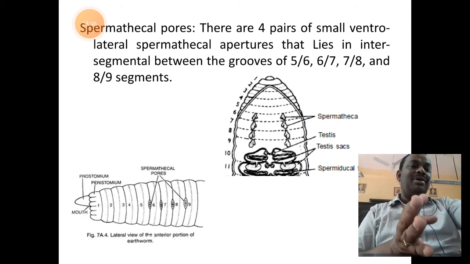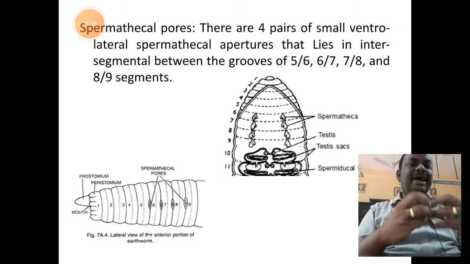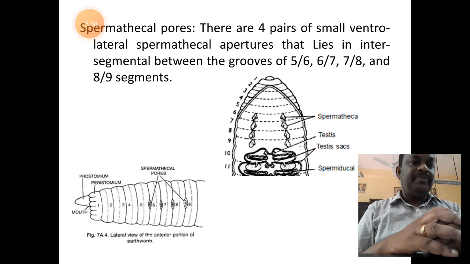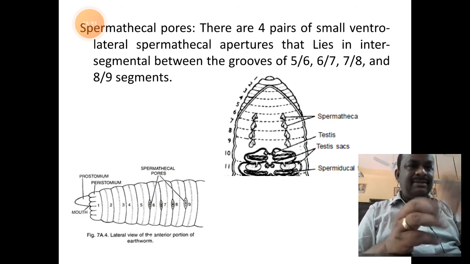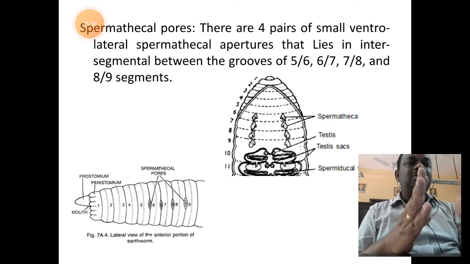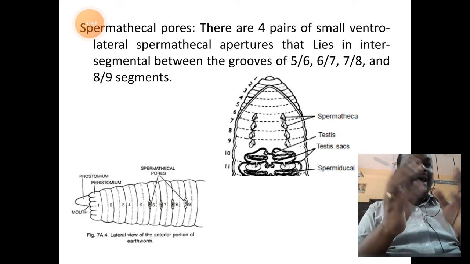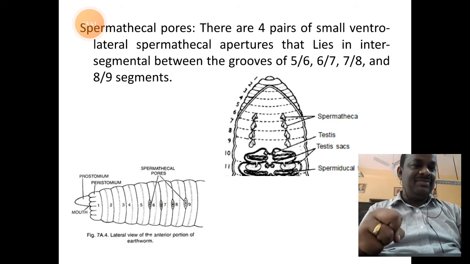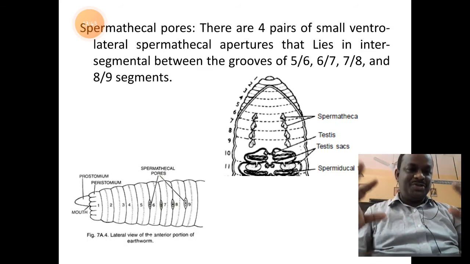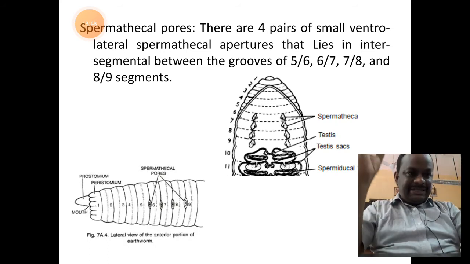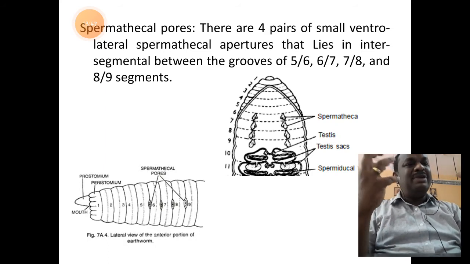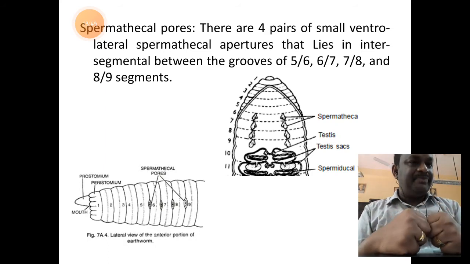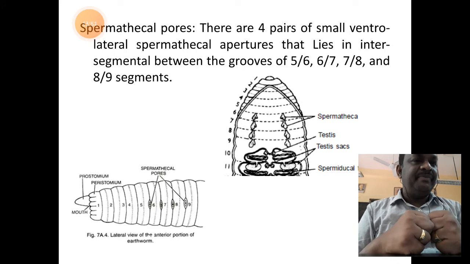You can see one more similar kind of opening towards the other side. Whereas towards the right side, there is a section of the body of the earthworm where you can find sac-like structures, grey bunch-like structures. So paired bunches, bags. These bags are responsible for the storage of sperms during the process of reproduction.